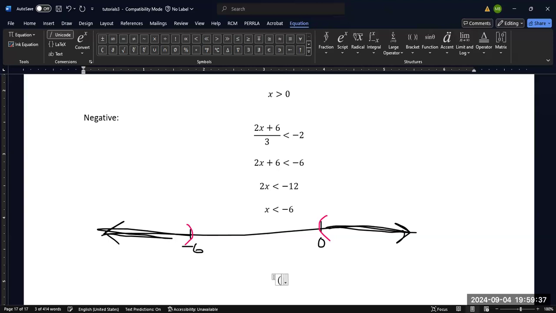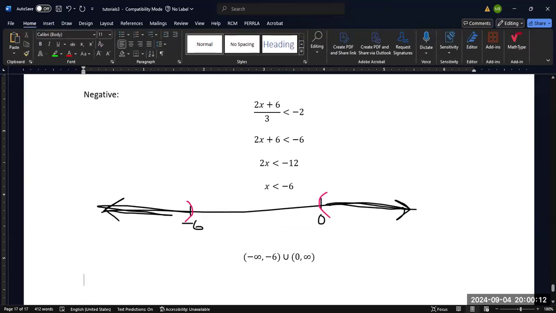So since our intervals don't overlap, we don't have to reduce them to a single interval because we can't. So it's either going to be x is less than -6 or x is going to be greater than 0. Again, if this was a less than, we would have them both be true at the same time. It would be an and scenario. And then we would have a single inequality with our two values on the end.